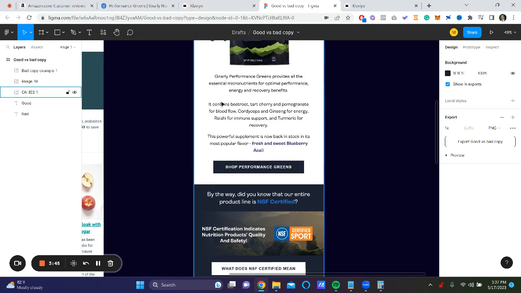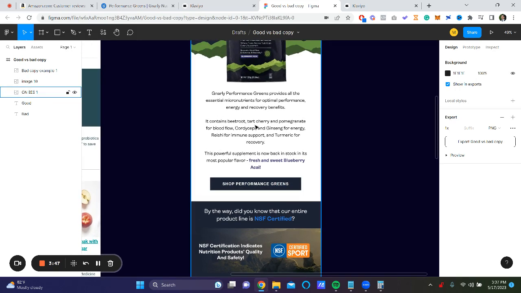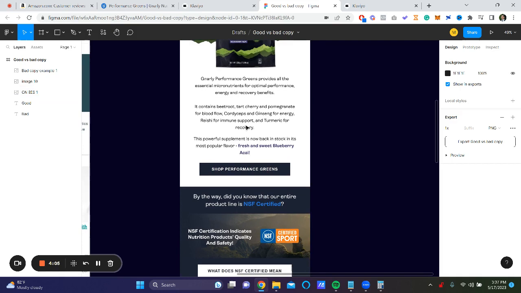So what we're going to do is list out all of the primary ingredients here. And notice how, as you read this, in your head you're imagining how it tastes. You imagine that previous experience with the words as they're being processed in your head. So, beetroot, tart cherry, pomegranate, blah, blah, blah. You're thinking about all these mixed together, and that's all great.